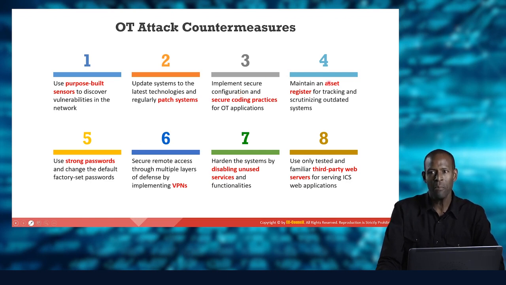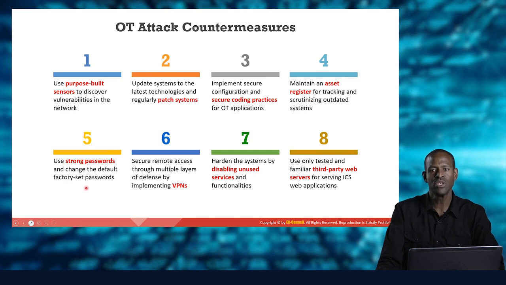Number four, maintain an asset register for tracking and scrutinizing outdated systems. So what you're going to do is monitor every one of these old school systems to make sure that they are not going to be providing problems, and that you know where they are, what they are, and you have them on the list for replacement.